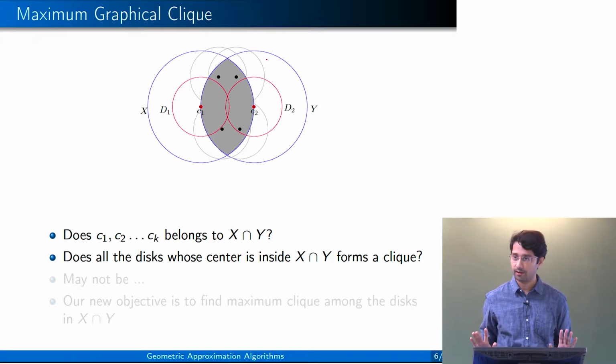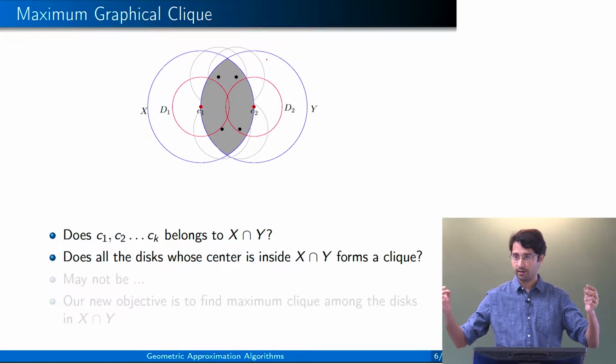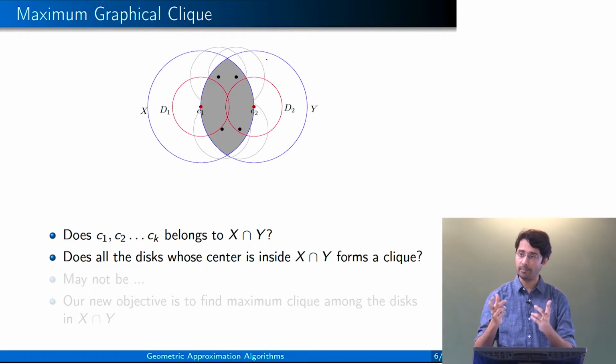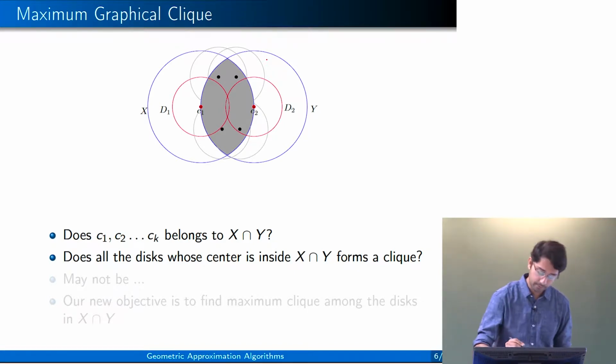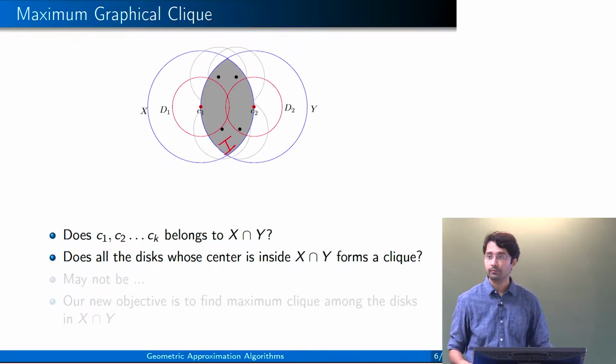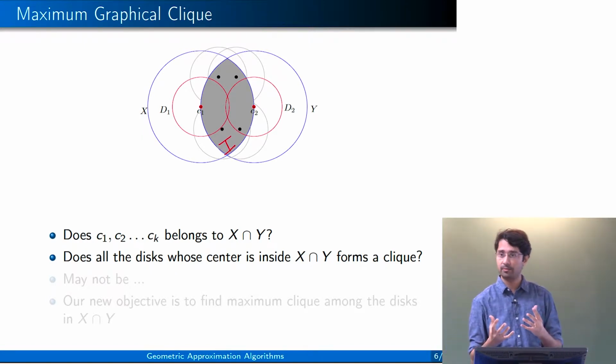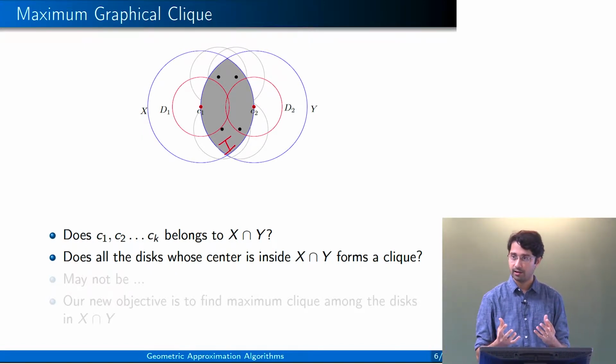Then we are done. What I am saying is, I know the furthest disks. I know that all the disks which form a maximum clique have to be inside this intersection. Let us call this intersection I. I know that all the disks which form the maximum clique have to be inside the region I.